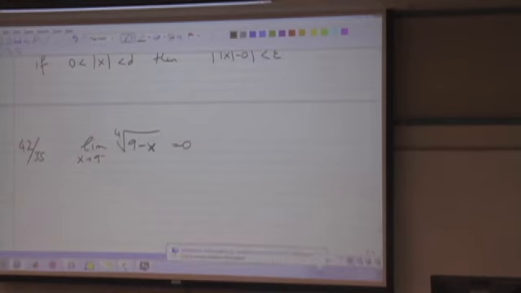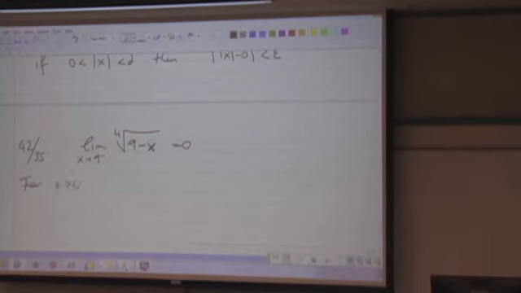So first of all, we never actually defined side limits. So what is the actual definition? Well, it says the following.